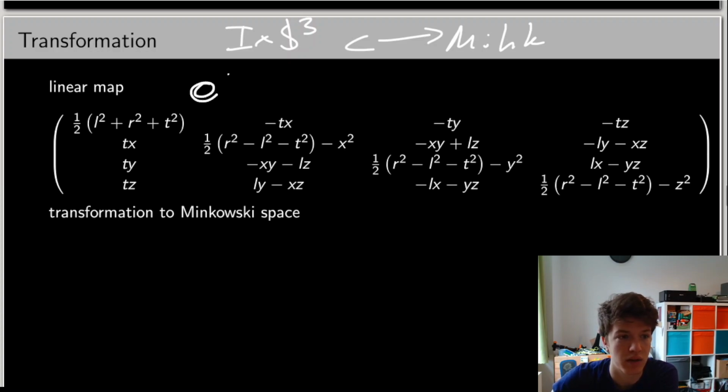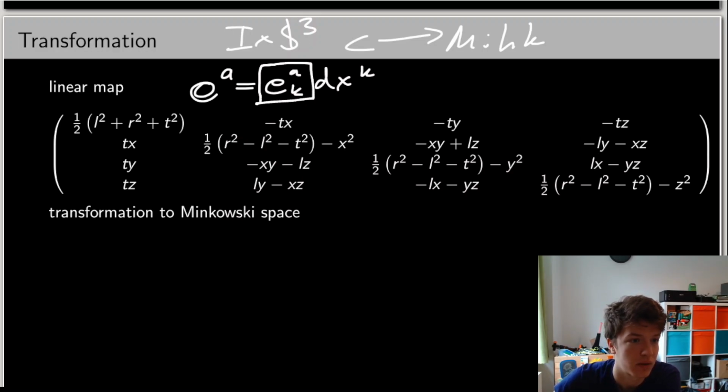So we know that the 1-forms e^A are just related with that linear form by some matrix. So we can express it as a matrix if we expand it into the basis, and we have just proportionality here, and then we can do the transformation to Minkowski space.